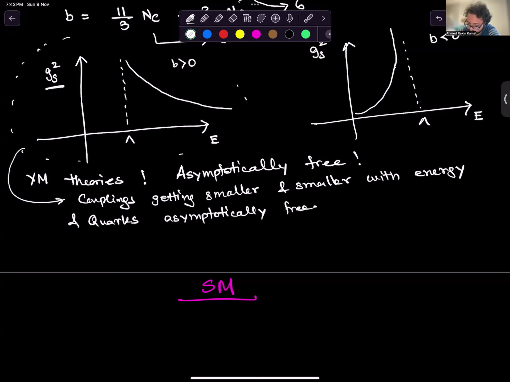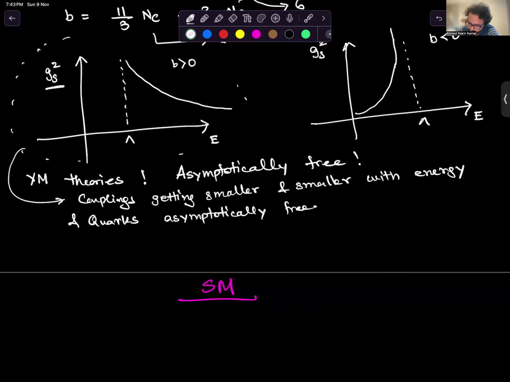We use the word asymptotically because as energy grows, at infinite energy, it behaves as a free particle. That's what we mean.